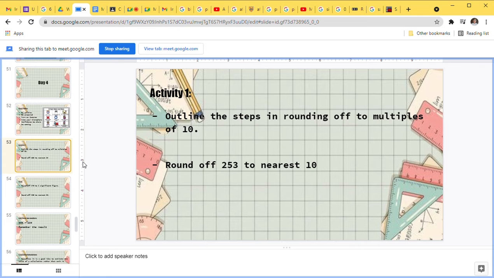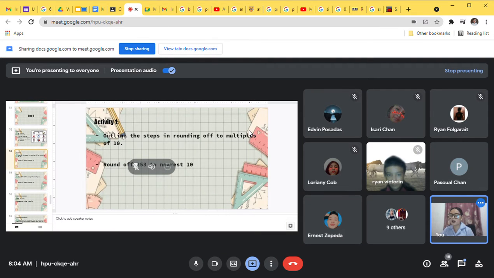Okay. Ernest says you need to locate your number, right? Put your vertical bar. What else? What happens after we put our vertical bar? We need to view if it is more than 5 or less than 5, right?